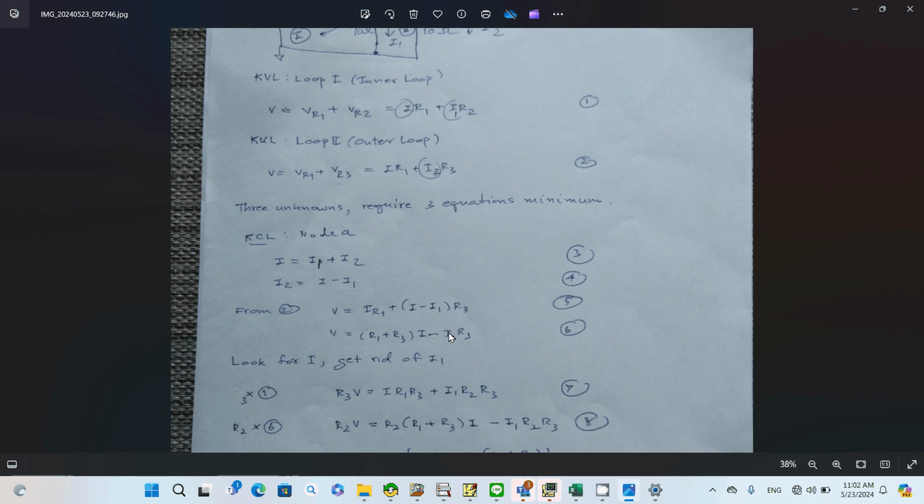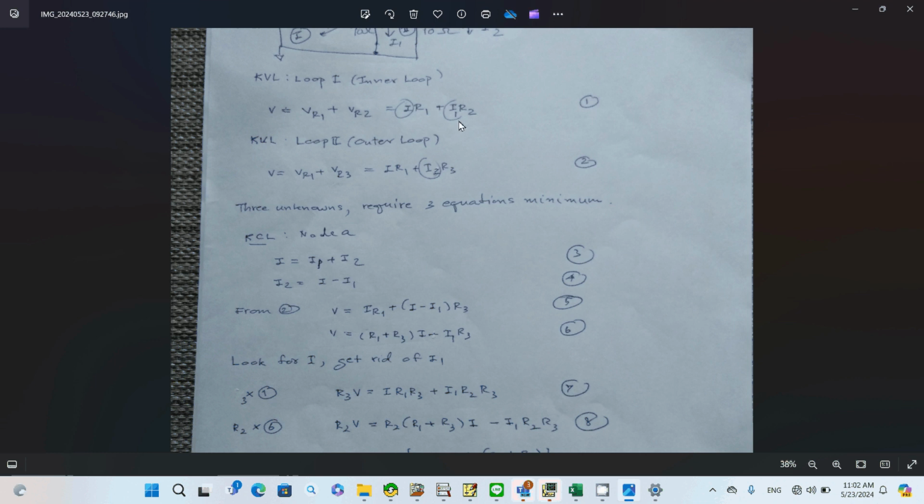So start from equation number 2. You can write the voltage in terms of I and I1 only. So you have I2 equal to I minus I1, and you rearrange the terms, V in terms of I and I1. Now let's take a look at equation number 1. That's V equal to I R1 plus I1 R2.